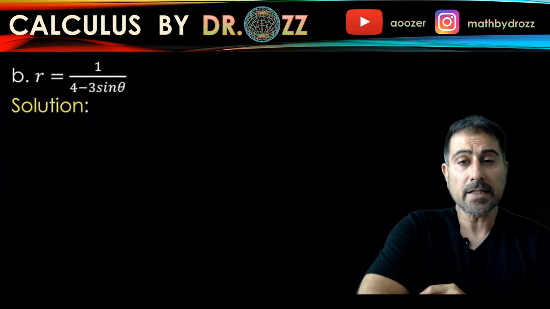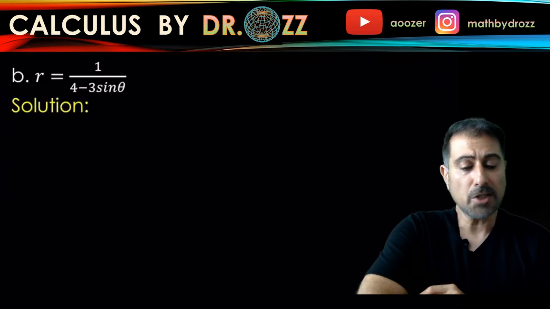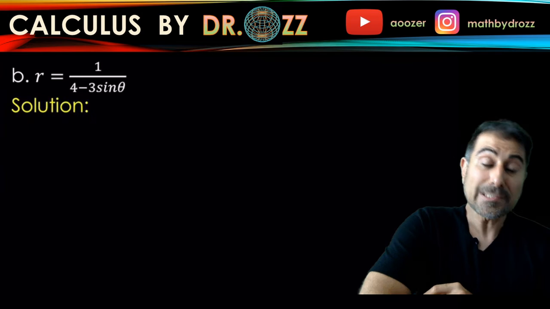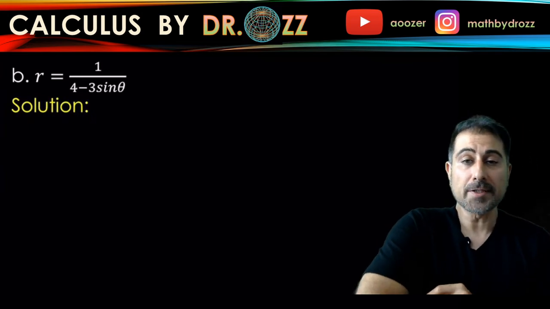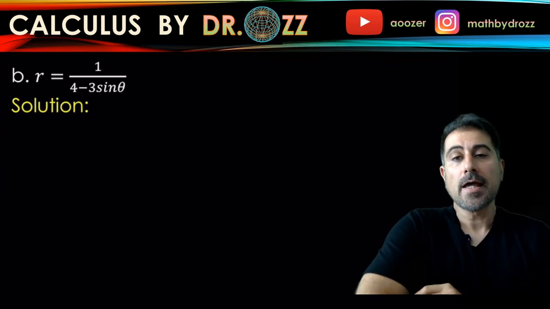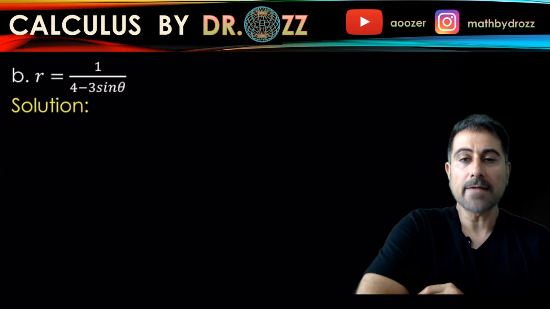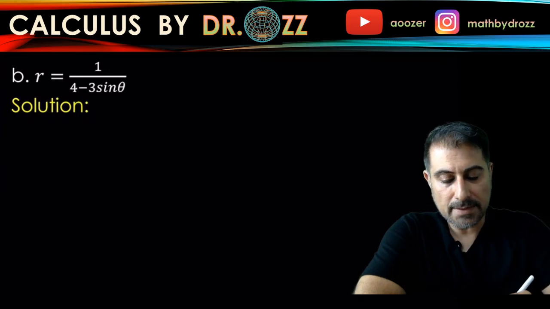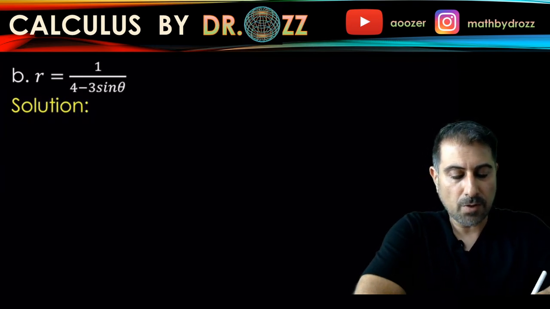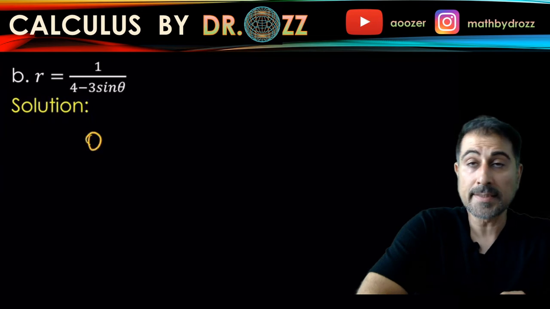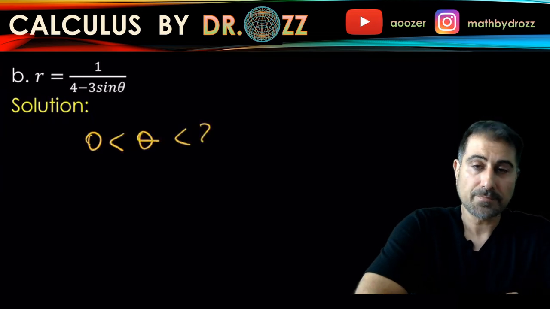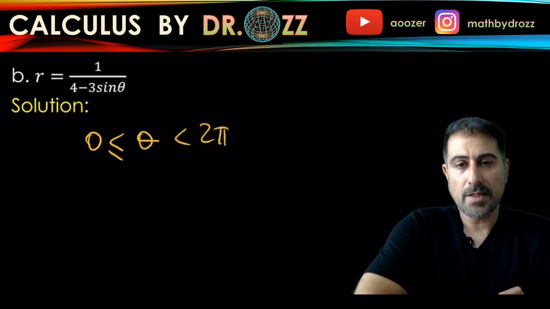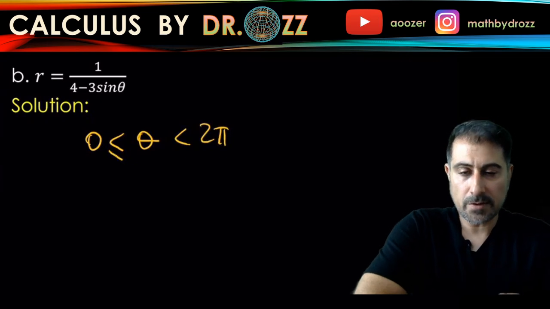It's a similar analysis. We have sine theta here, and we know that sine theta is also 2 pi periodic. Please use your TI-84 to graph 1 over 4 minus 3 sine theta, and choose your interval the same as earlier, with the equality sign only at 0. So theta ranges between 0 and 2 pi.